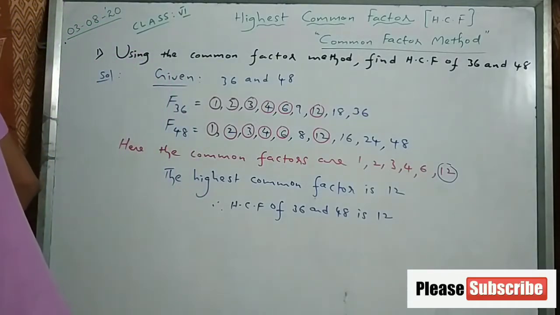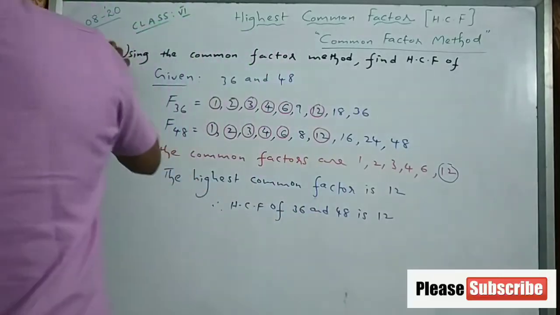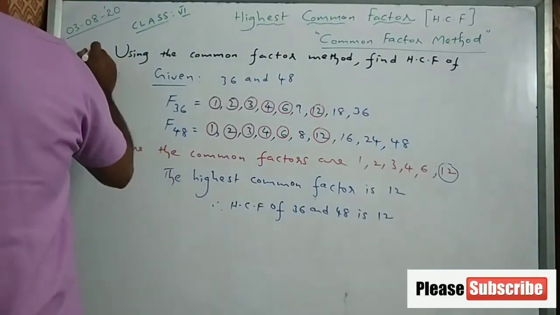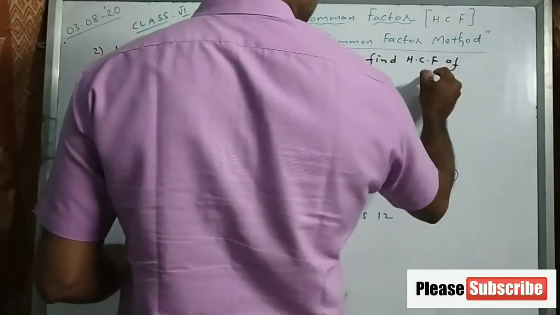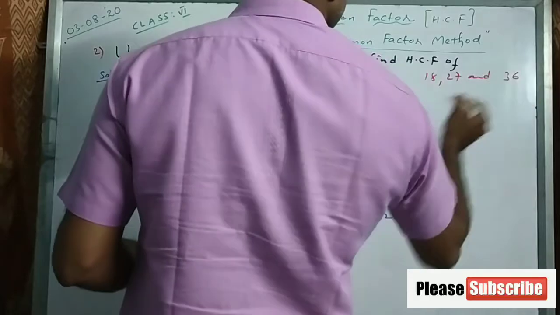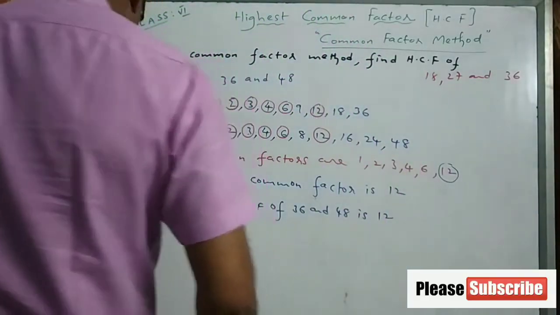Let us see one more problem. 18, 27 and 36, second problem. Three numbers are given, right? 18, 27 and 36.